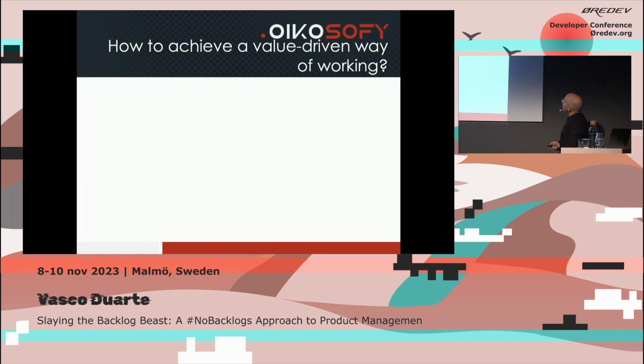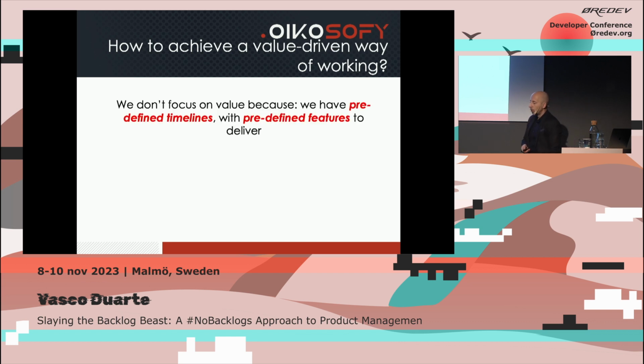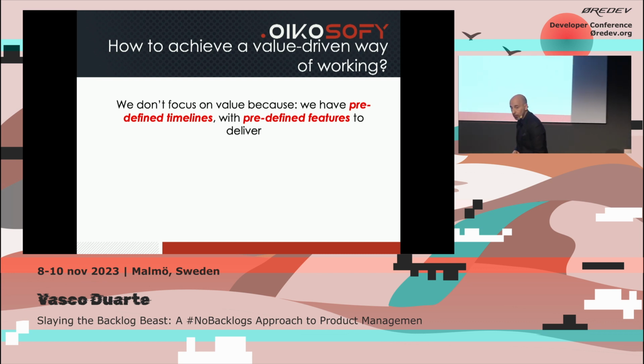And then the final one, how do we achieve a value-driven way of working? So we don't focus on value because, this is my interpretation, having worked in many industries with many teams, we have predefined timelines with predefined features. And this is one example where project management forces us into a way of working that destroys value for our companies. People are being fired today because we still use project management as a metaphor for delivering software.